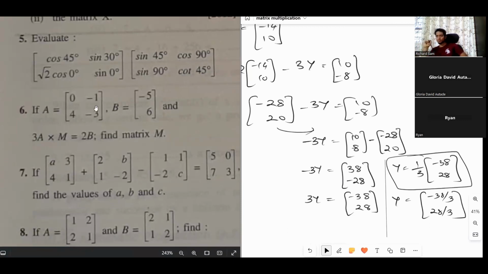See what to do here. What's the problem happening here?